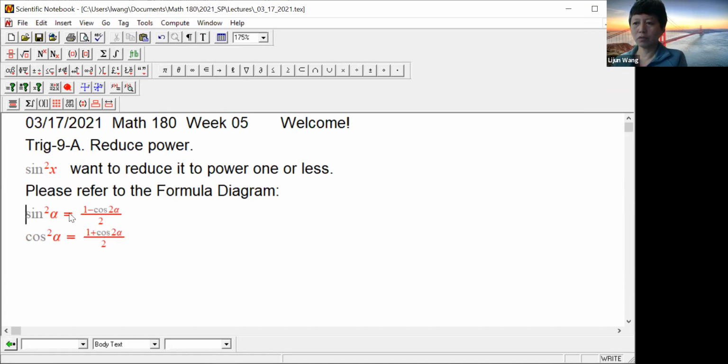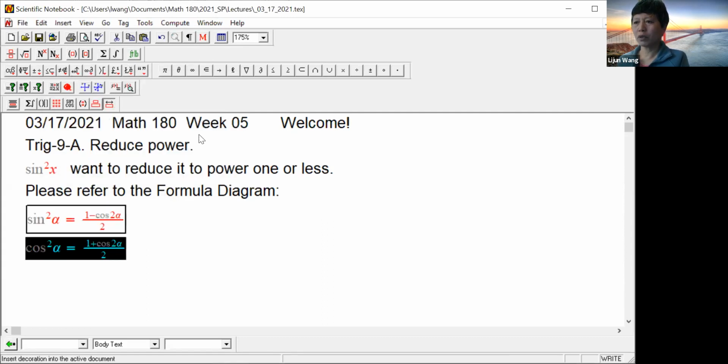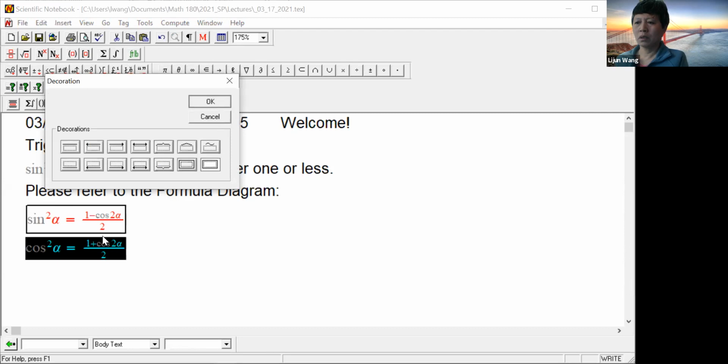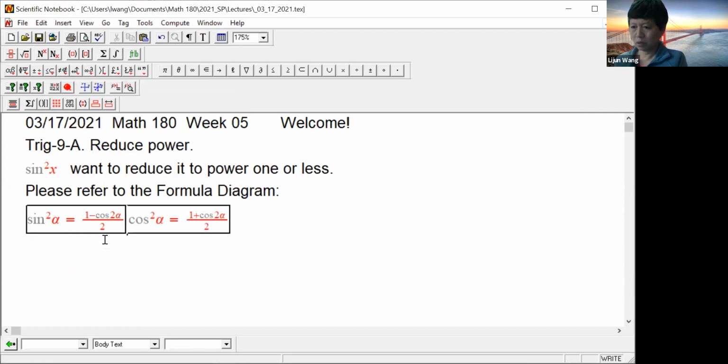Right, there are these two formulas, and there are a couple of other formulas which transform power to reduce the power. Power 2 reduces to this, and this is power 1. You see, this is power 1. You guys see that?